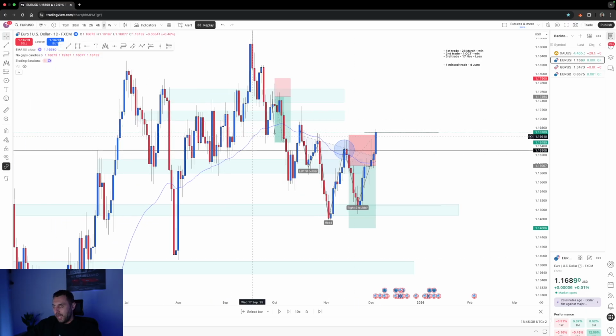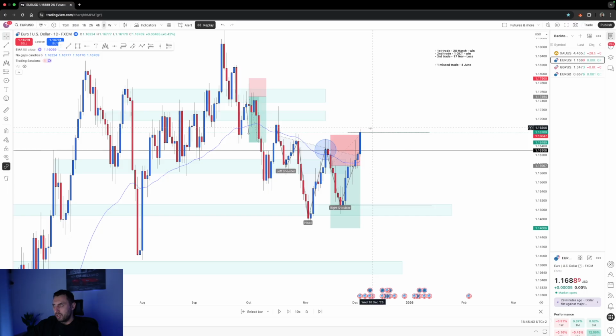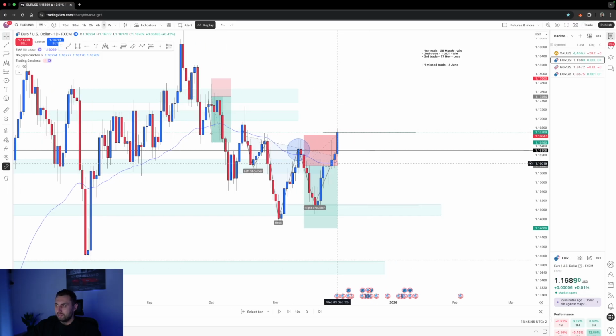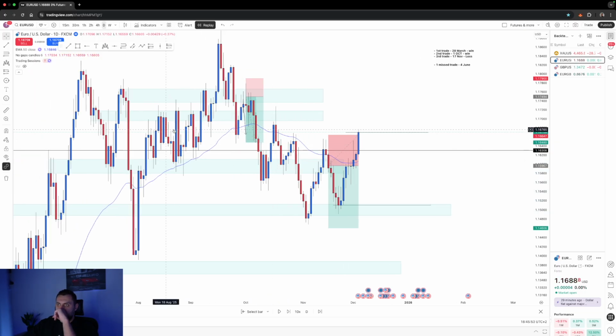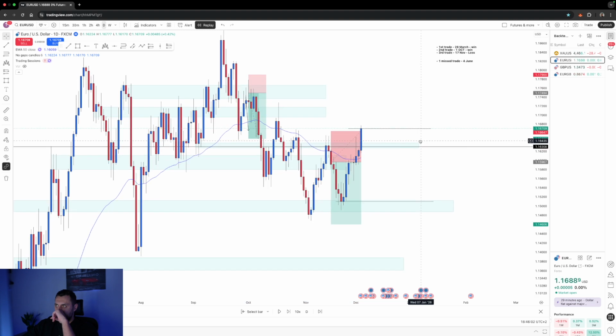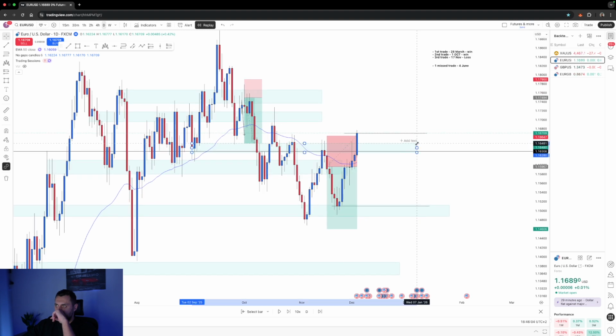Yeah, and this is a zone that I would wait for a retest and then push up. Let me remove this because you saw it. And yeah, I would have this zone marked, something like this.